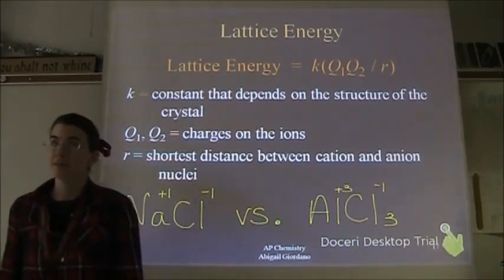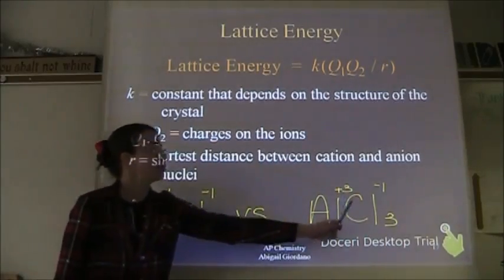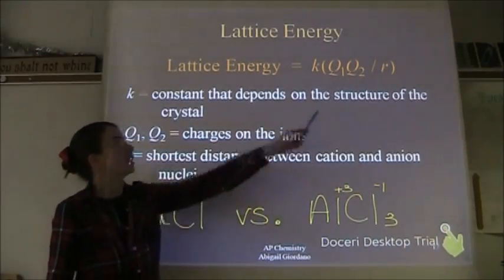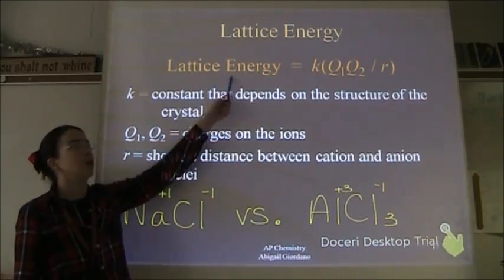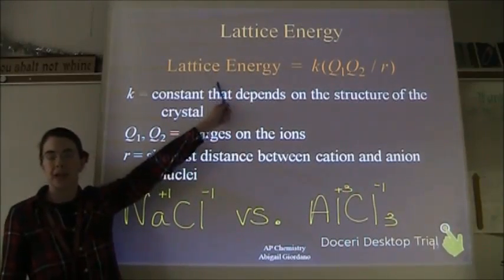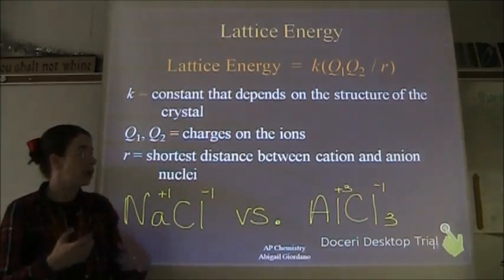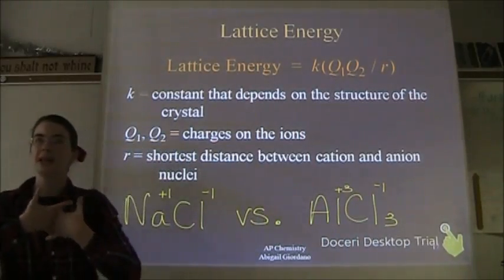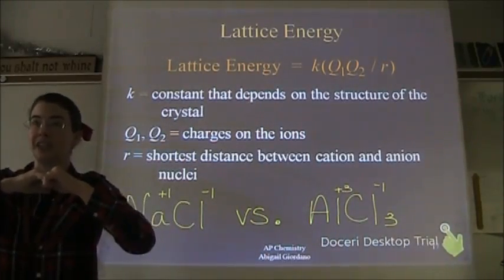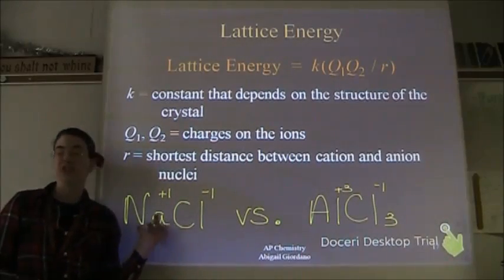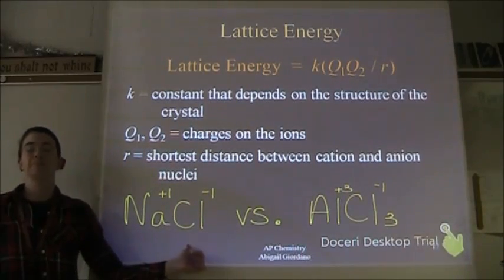Yes, it will. Okay. Aluminum chloride is going to give me a more negative lattice energy, which means a crystal of aluminum chloride is more tightly held together than a crystal of sodium chloride. Okay?